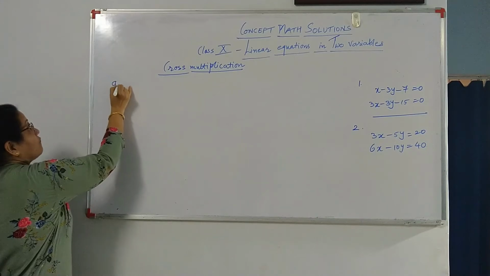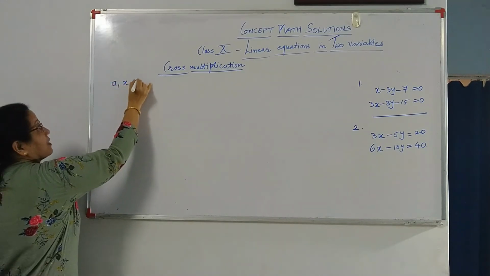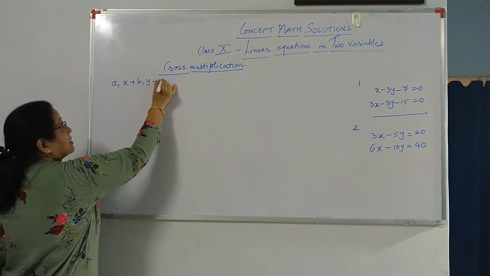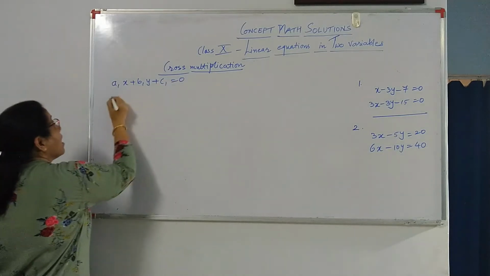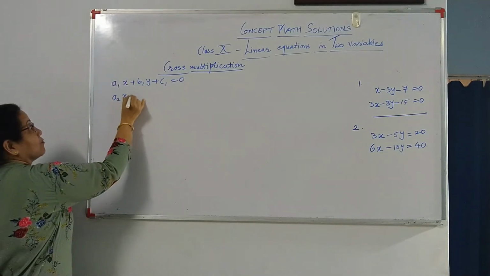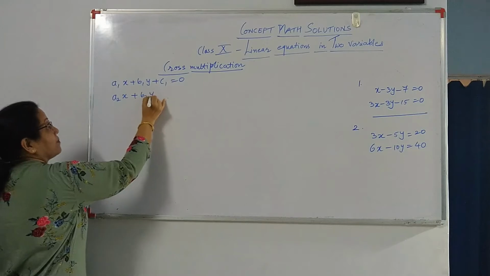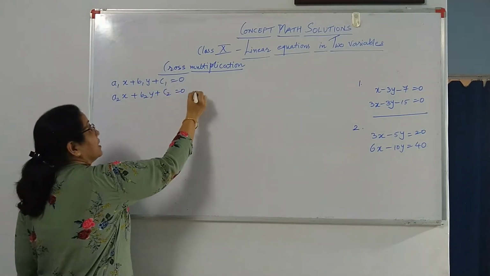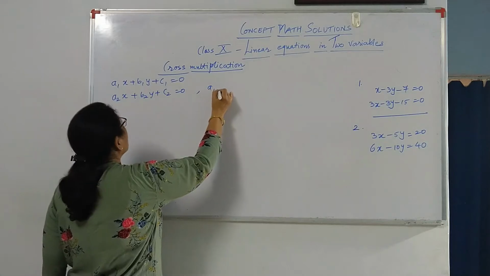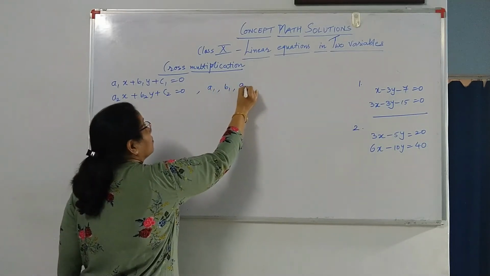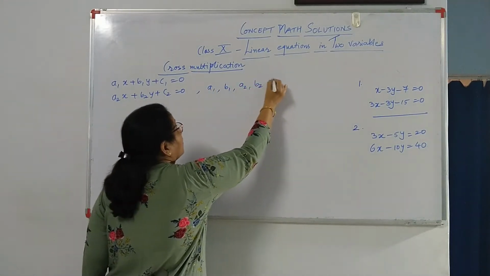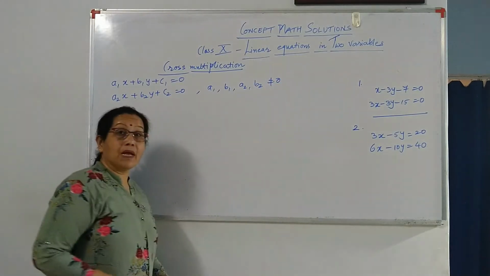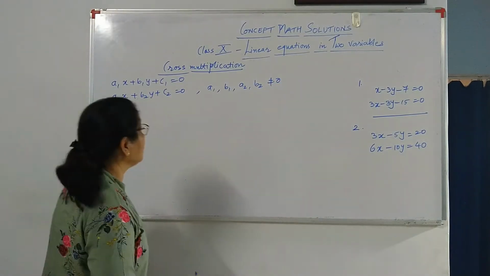We know the general form of a linear equation is a1x plus b1y plus c1 equal to 0, and the second equation a2x plus b2y plus c2 equal to 0. And here you must understand a1, b1, a2, b2 cannot be 0, otherwise it will not remain in two variables, right?